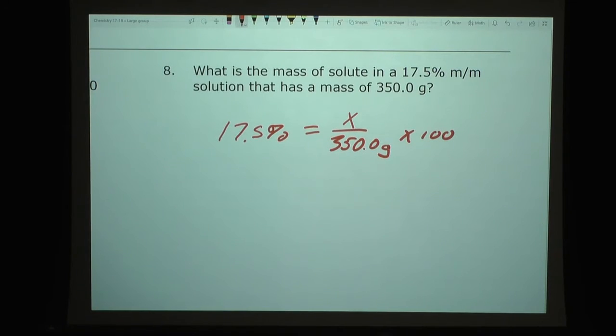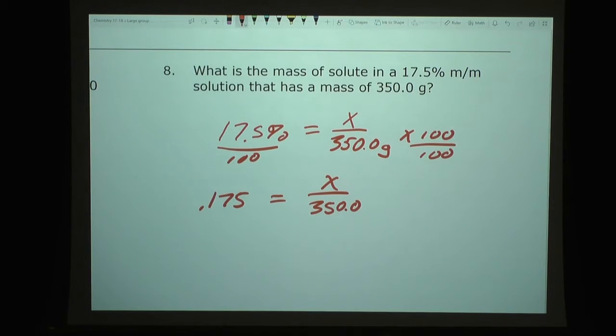Probably the quickest way to solve this is just use your times 100, so divide by 100, divide by 100, 0.175 equals X over 350.0. A lot of times when I see percentages, I'll just set them as decimals right away, instead of having to do the divide by 100. It's probably quicker for you to understand that 17.5% is 0.175.